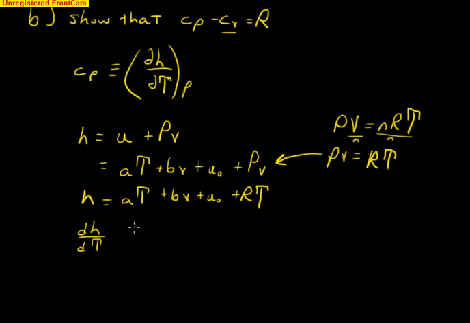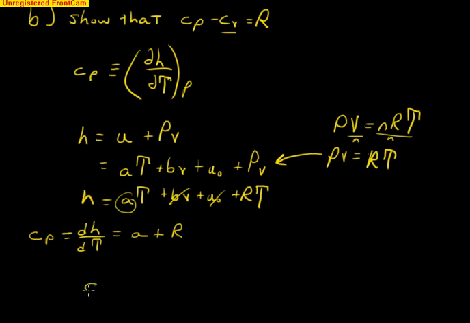So that is going to be A plus R. The derivative here gives you A, this B term is a constant, and the derivative here gives you R. So we will plug in, this is our CP. The specific heat capacity at constant pressure is equal to this.